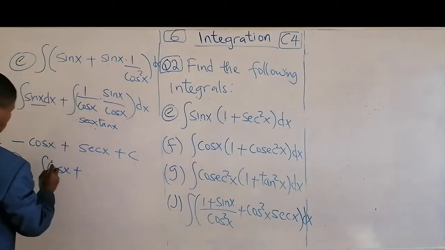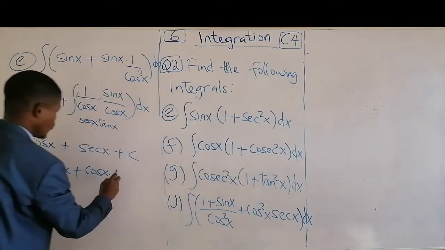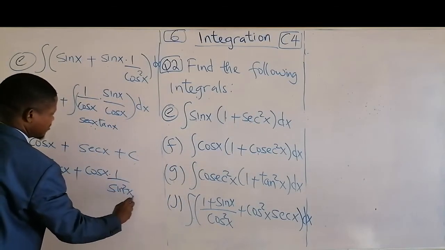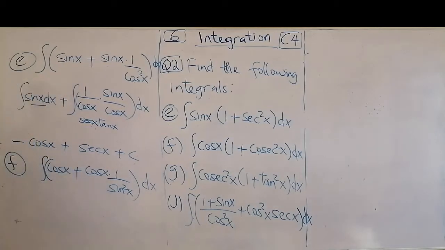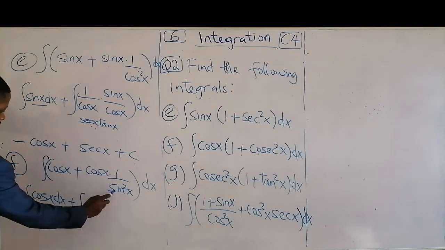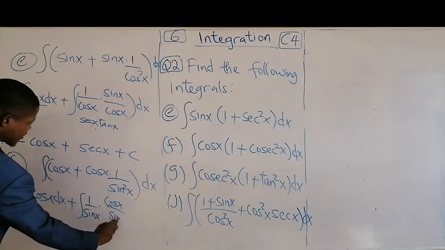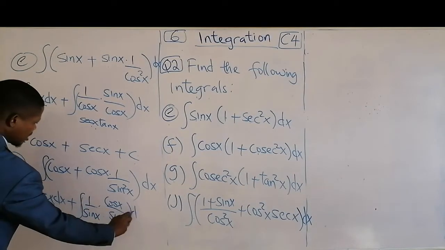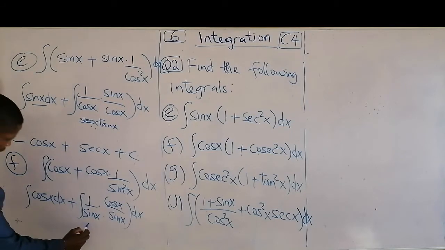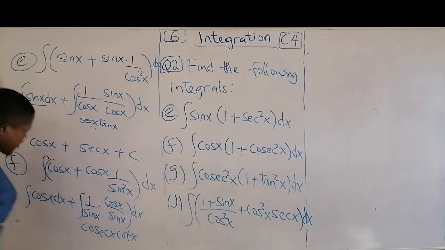Open your bracket here, cos x times cosec square x, meaning 1 over sine square x, dx. So this will be equal to the integral of this, then plus, split this sine square x into 2 parts, which will be 1 over sine x times cos x over sine x, dx. So which is equal to cosec x and then cot x.